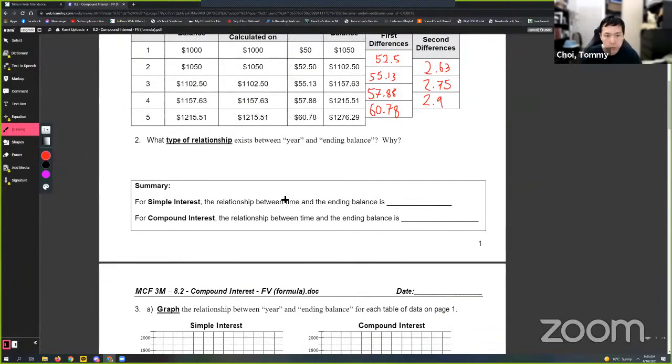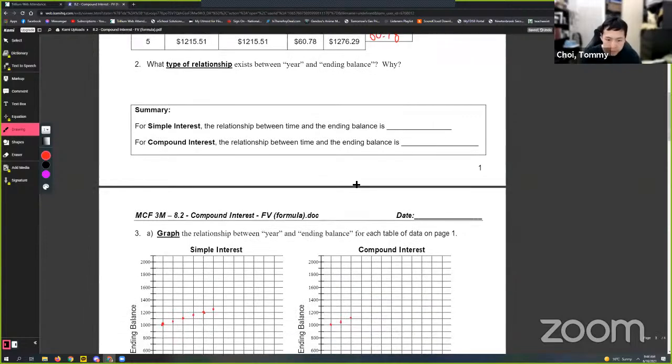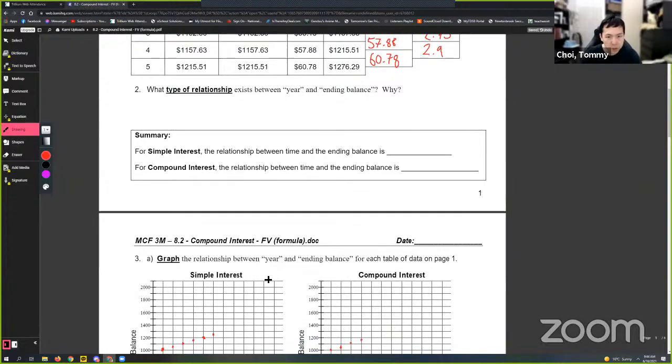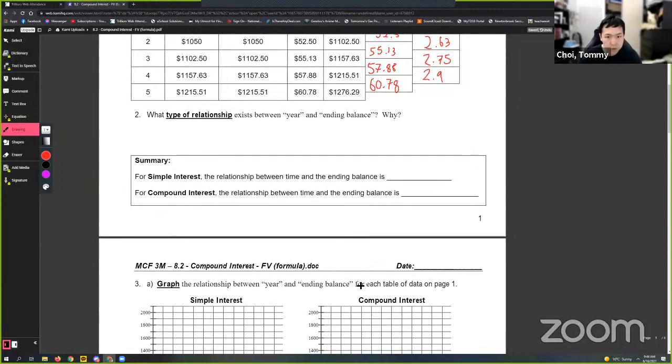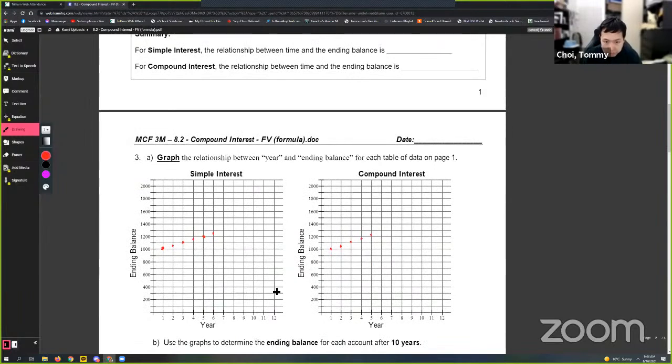And then we have 1,157, which would be a little bit higher once again. 1,215, which is a little bit higher. And then 1,276, which is much higher than what we expect.